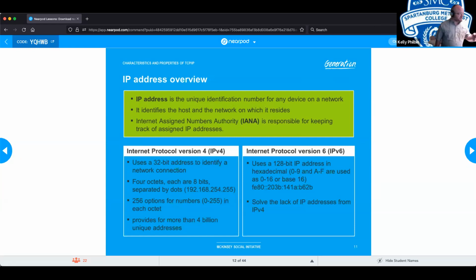So transitioning over into IP version 6, which instead of using 32 bits, uses 128 bits in its IP address. So it's much longer. Also, rather than using the straight octet format of 0 to 255, they converted over into using hexadecimal formats.